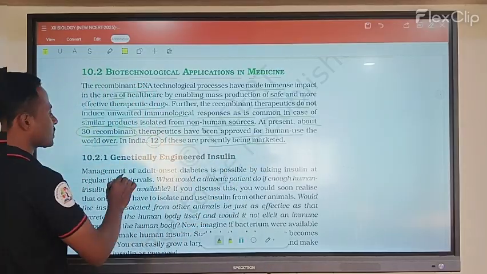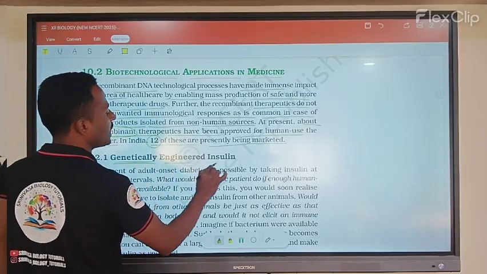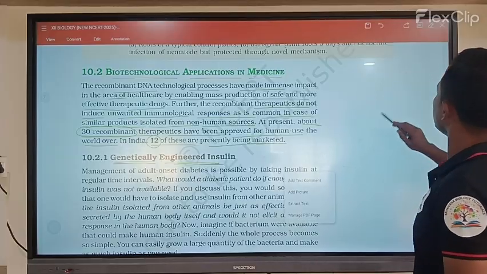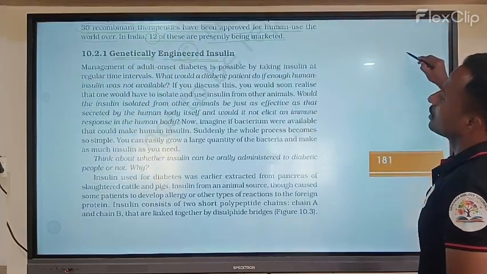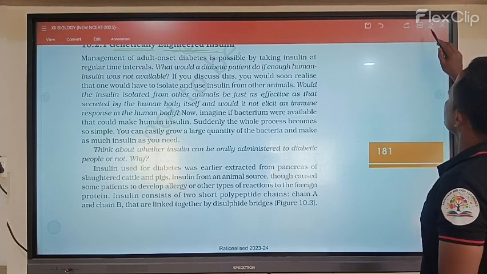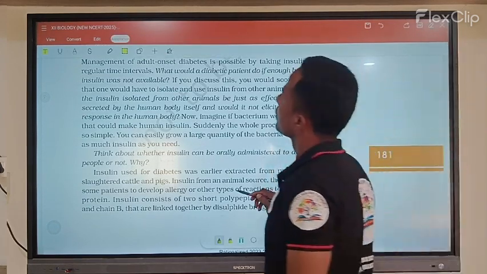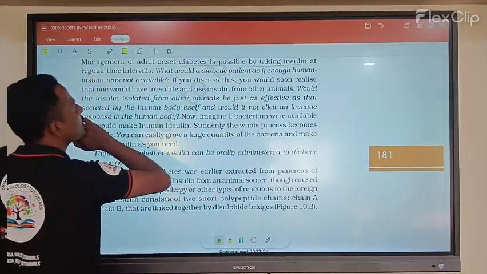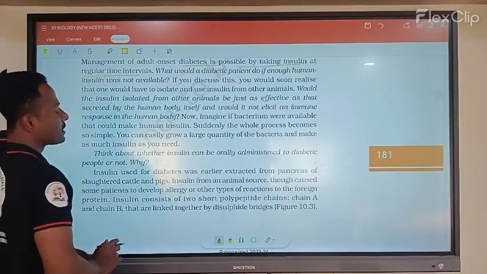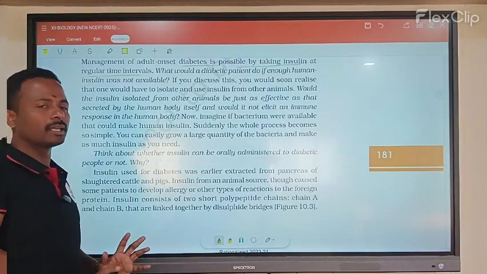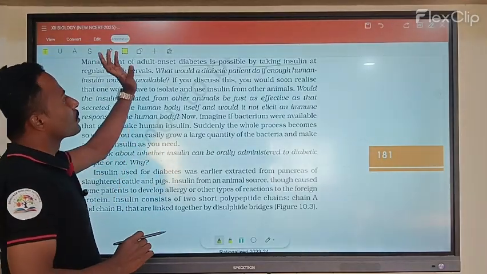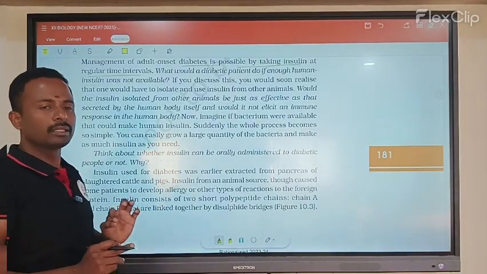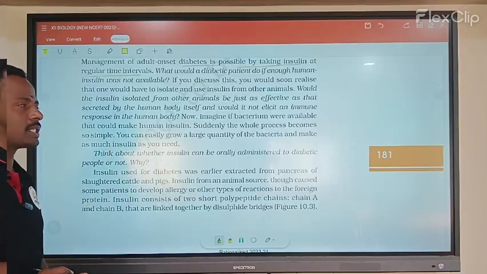Okay. Next, first we discuss genetically engineered insulin. Management of adult-onset diabetes is possible by taking insulin at regular intervals of time. When a person has diabetes, insulin must be taken at particular intervals.